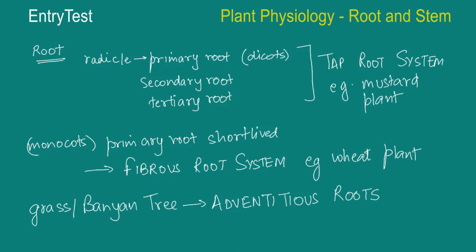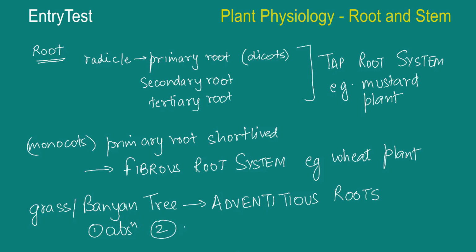Now the main functions of the root system are obviously to absorb all the water and the nutrients from the soil. Second would be to give a proper standing and an anchorage to the plant parts. And the third would be to store the food material. And the fourth function is to synthesize some plant growth regulators. So those are the functions. I'll just write down here.